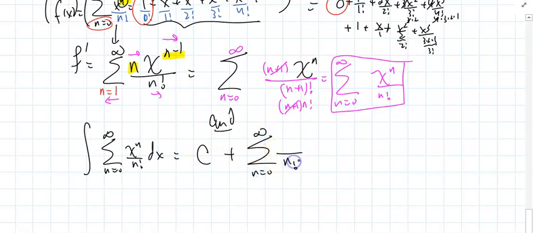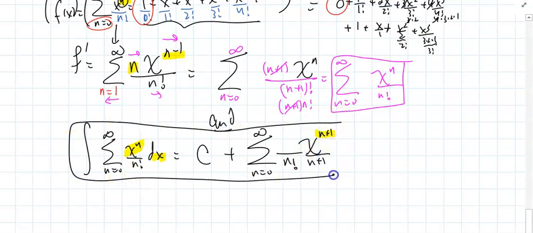N is a constant as far as the x is concerned. All what you do, you add 1 to the power and you divide by that, just like you did with polynomials. Something that we didn't get a chance to play with a lot, and there aren't that many problems to begin with, but there it is.